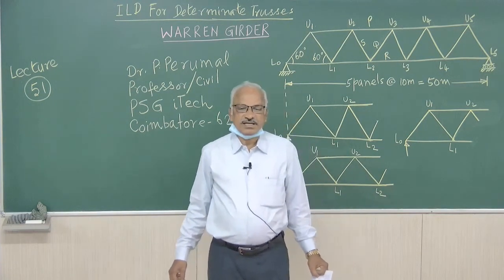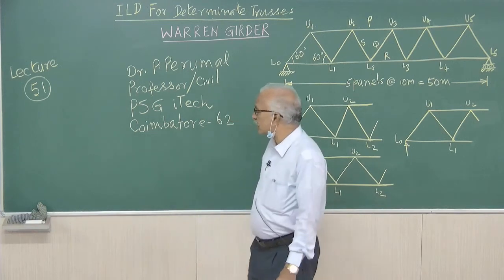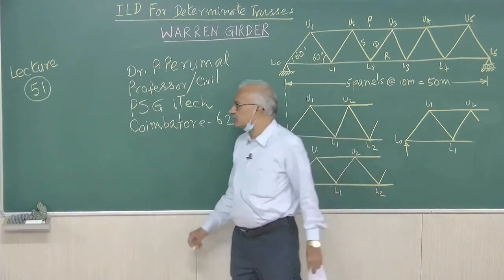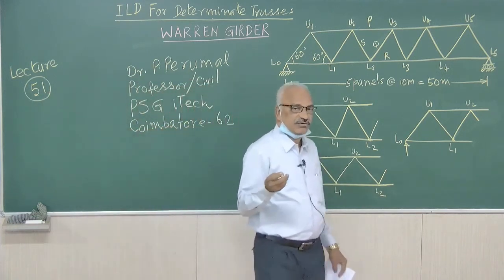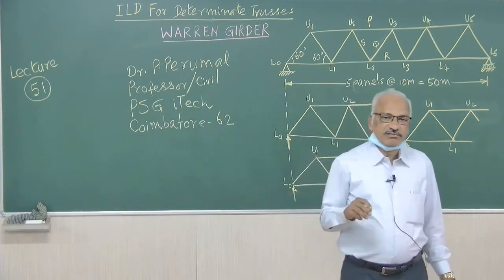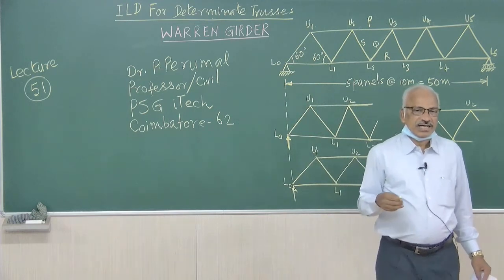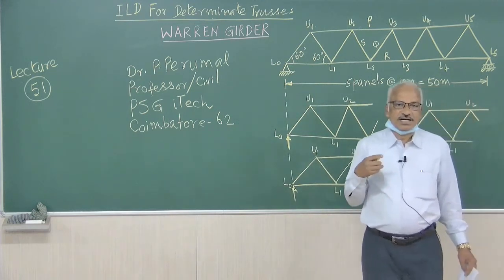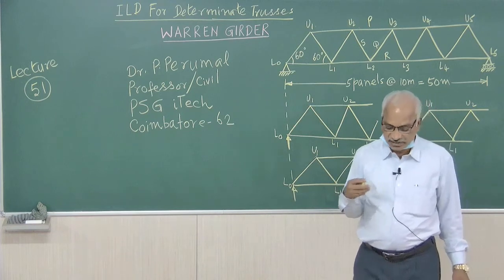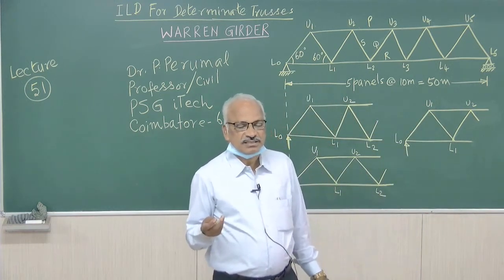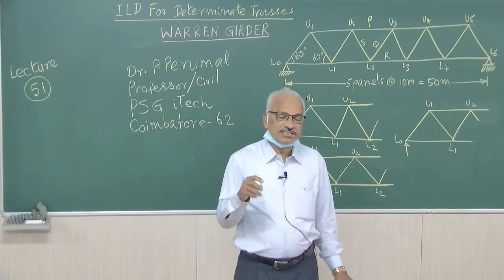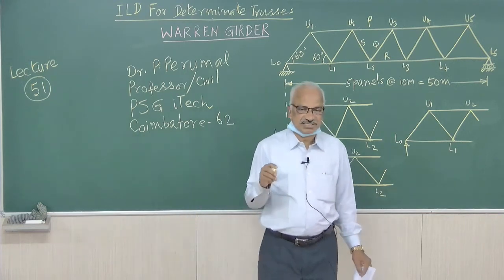In the last lecture, namely lecture number 50, now this is 51, we have introduced the determination of influence lines for determinate trusses. We introduced determinate trusses and how the load is getting transferred, all those basics we have discussed.